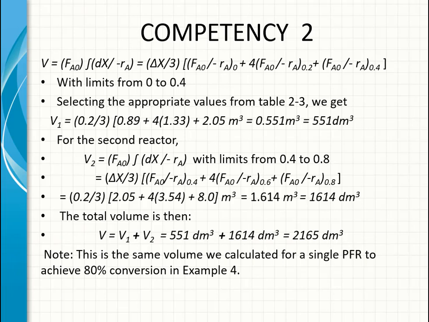So here we see that for PFRs we have the same result in a reactor of big volume as with two reactors whose sum is the total volume. So one reactor of the sum of these two reactors' volumes will give us the same result.